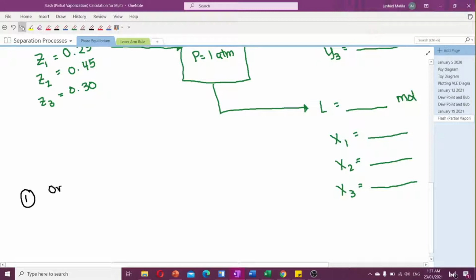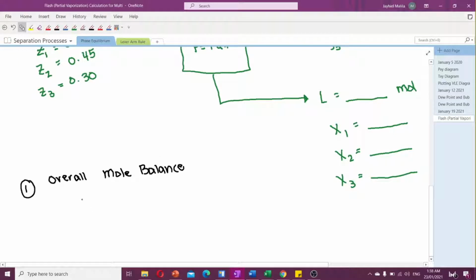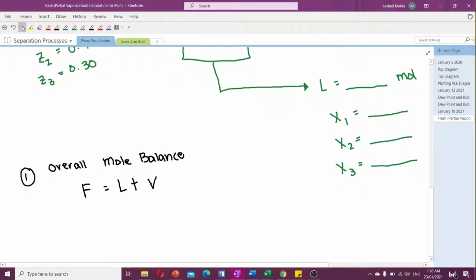So overall, okay, mole balance. Mole balance for the entire control volume. The control volume is, of course, the flush drum. So the equation is the feed equals the summation of the amounts of L and V. We already know the value of F, which is our basis.